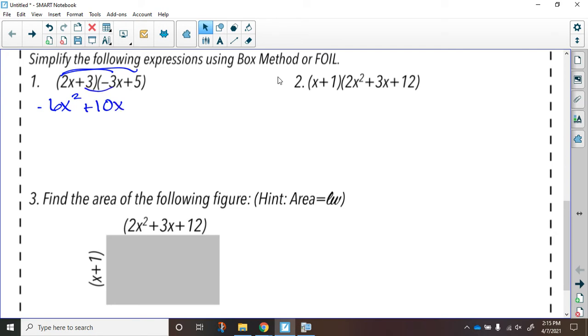Inside, 3 times a negative 3 is negative 9x. And last, 3 times 5 is positive 15. So the only step that we have left is to combine like terms. 10 minus 9 is positive 1x. And then we can bring down our leftovers to get our final answer.